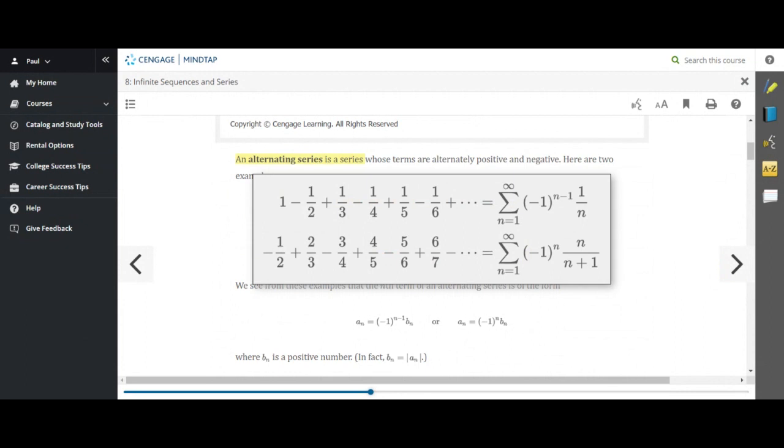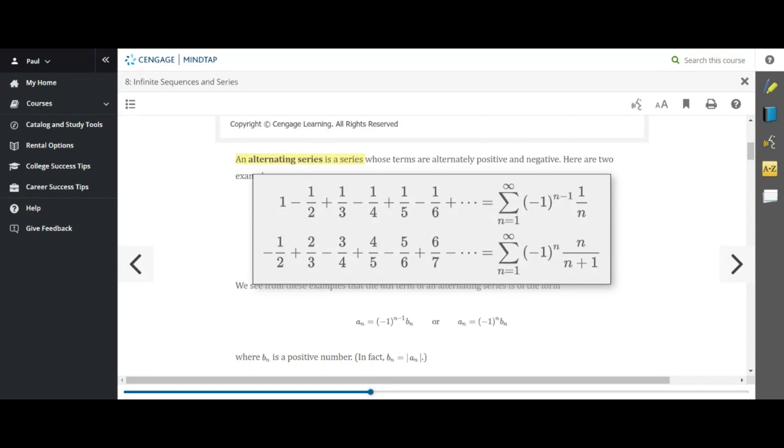They're writing out some terms of the series, and then they're writing a summation formula to describe that series. And those are examples of alternating series. And right now, you don't have any tests that will work to establish convergence or divergence of an alternating series, because the tests that you learned in section 8.3 deal with series that have all positive terms.